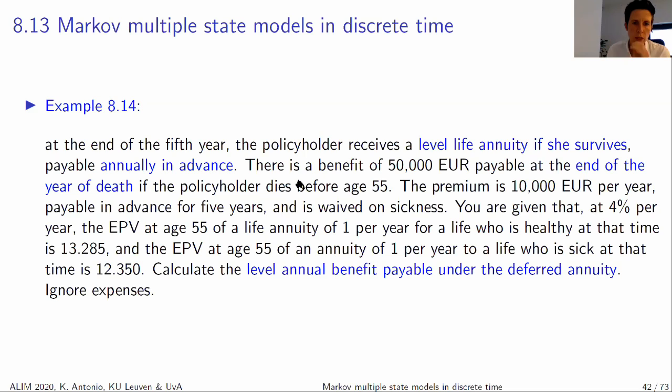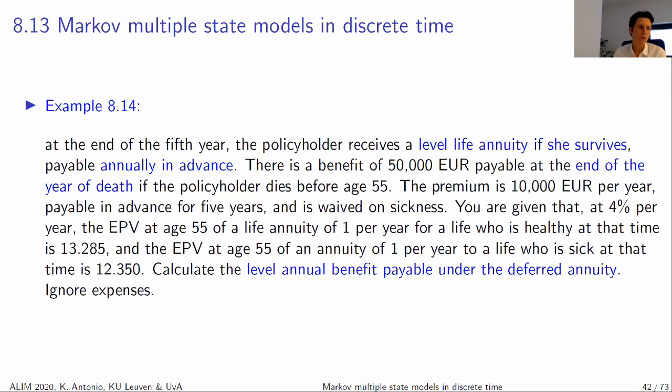We start with a policyholder age 50, and there is a benefit of €50,000 payable at the end of the year of death if the policyholder dies before age 55. You work in discrete time, and this death benefit is paid at the end of the year of death. If my policyholder survives and reaches age 55, then a level life annuity will start.